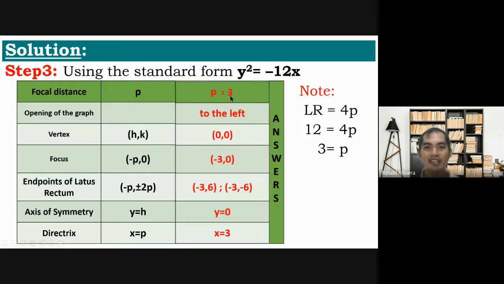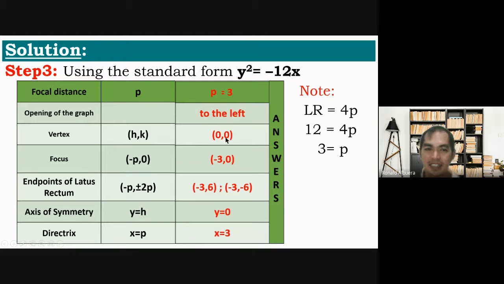Okay, we have P equals 3. The opening of the graph is to the left. Why to the left? Because of the negative ng 12x. Yan ang reference. Negative 12x meaning to the left. Bakit to the left? Because yung may square ay y. Hindi siya function. Pag ang may square ay y, hindi siya function.